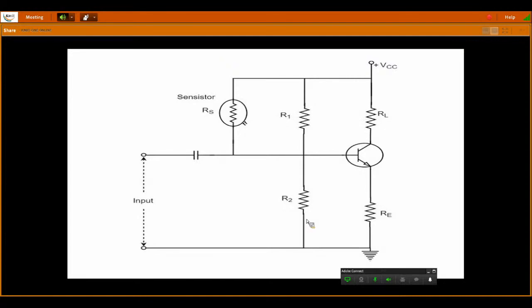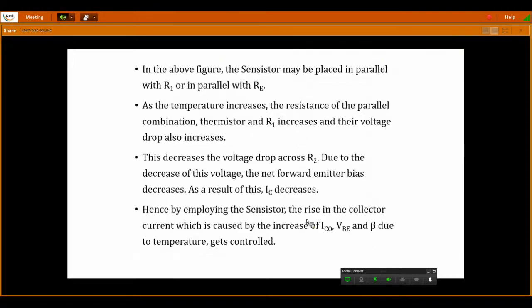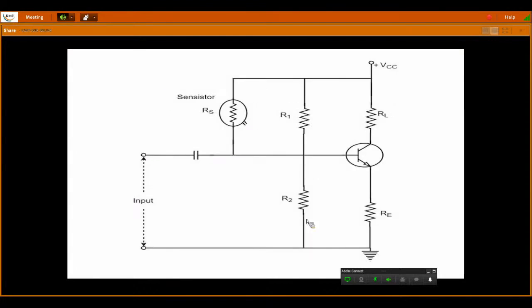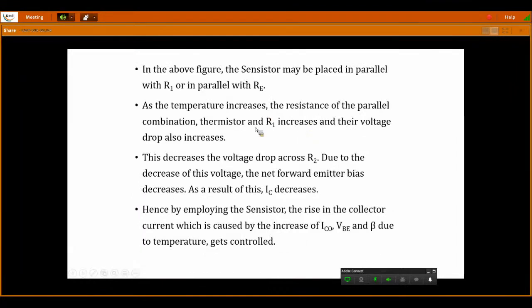The amount of current flowing through that is coupled as a base current to the transistor. Now if temperature increases, the resistance of the parallel combination will change. So the equivalent resistance here is RS in parallel with your R1. Hence here, the resistance R1 increases and their voltage drop also.